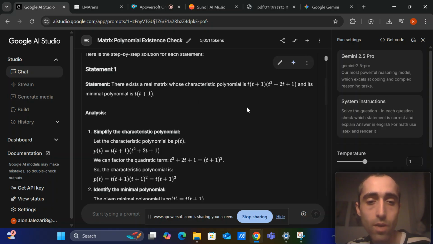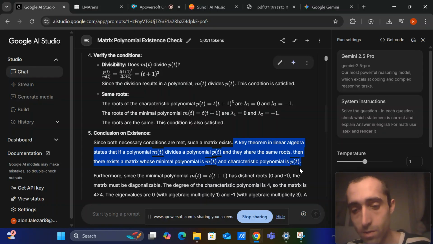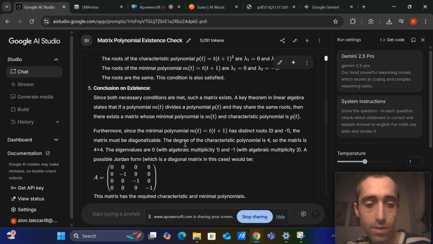Now, does such a matrix exist? The key theorem in linear algebra says that if a minimal polynomial divides a characteristic polynomial and they share the same roots, then there exists a matrix whose minimal polynomial is this and whose characteristic polynomial is this. So there is such a matrix. Now we can also find the matrix.